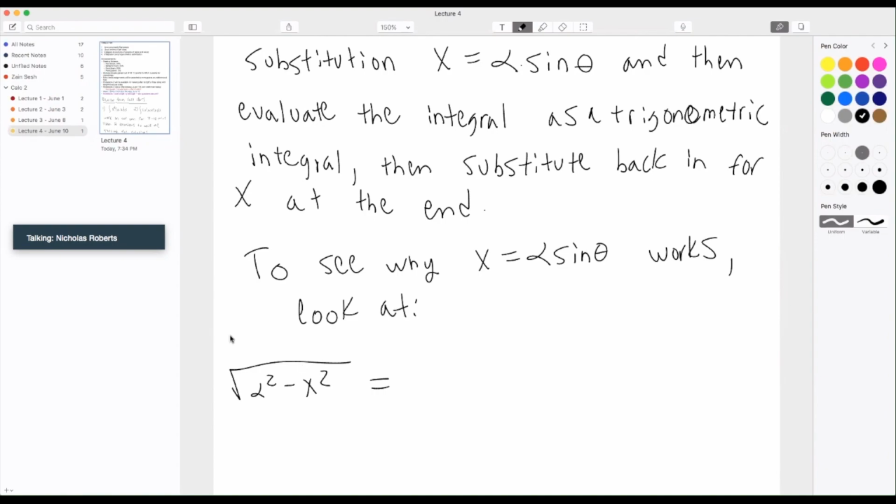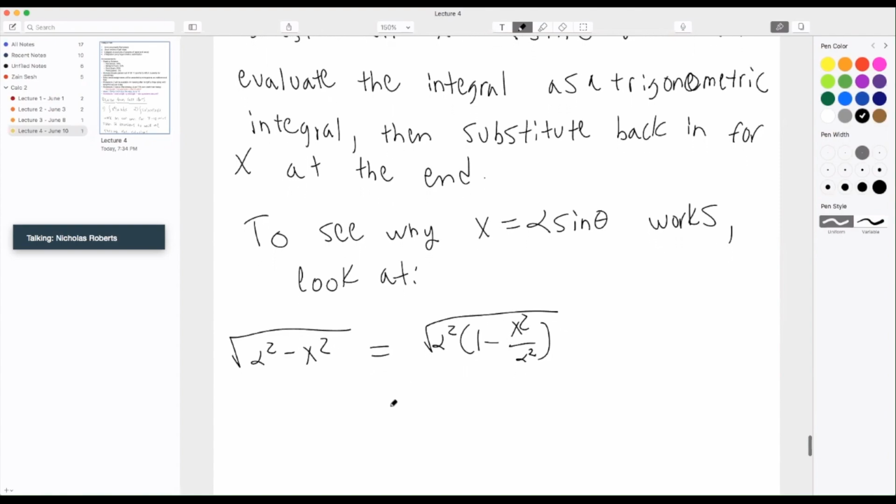Okay, so to see why this works, look at this expression. We can factor an alpha squared out, so this becomes alpha squared times 1 minus x squared over alpha squared. Then I can bring the alpha squared out as just an alpha.